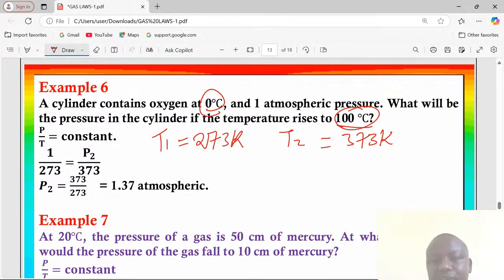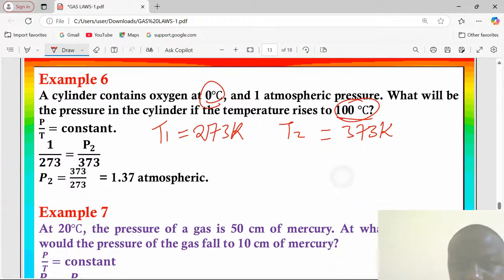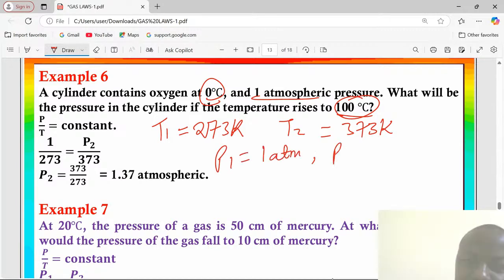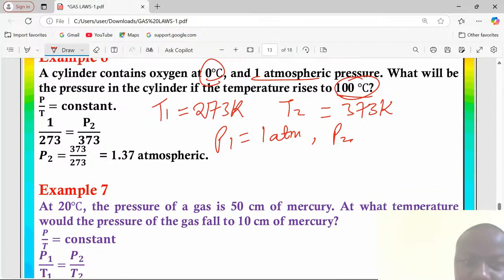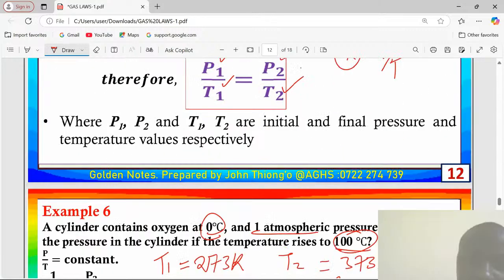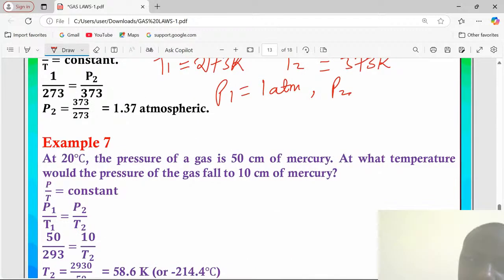Then with that, we can see that the original pressure was 1 atmosphere. So pressure 1 equals 1 atmosphere. What about pressure 2? Unknown. And we have said, according to this expression, P1 over T1 equals P2 over T2. What is not known?